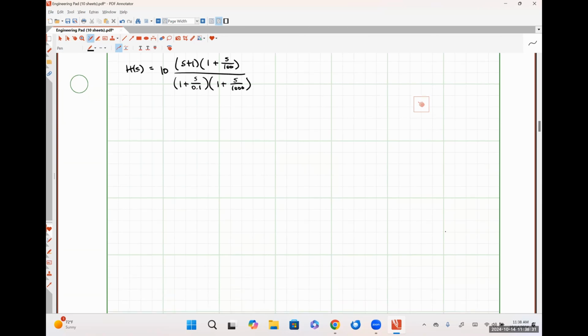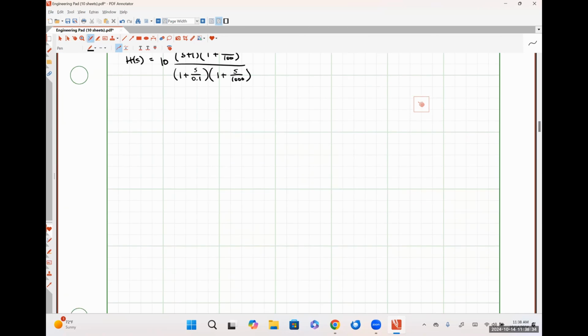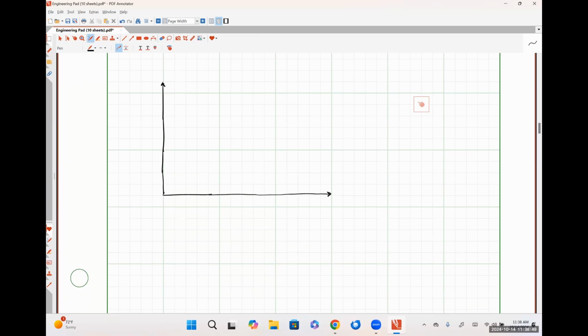Okay. So I'm gonna give myself plenty of room here. This might be too much, but it'll be okay. Okay. So let's put 10 to the 0 right here. So this would be 10 to the -1, 10 to the -2, 10 to the -3, 10 to the +1, 10 to the +2.